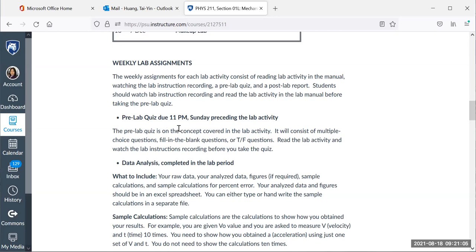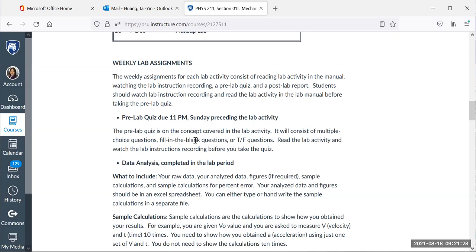The pre-lab quiz is always due at 11 p.m. the Sunday before the lab activity. Take, for example, our first lab, scheduled for August the 31st. You should take the lab quiz by August the 29th.